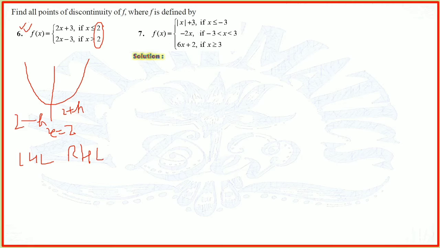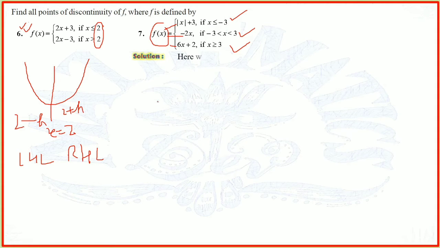Now I take this modulus function, and then 3 functions are given. This particular f of x is divided into 3 functions, 1, 2 and 3, under 3 different conditions which are given. So now the point is, here you have to think about these points.